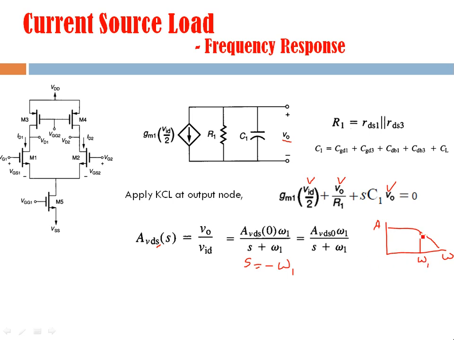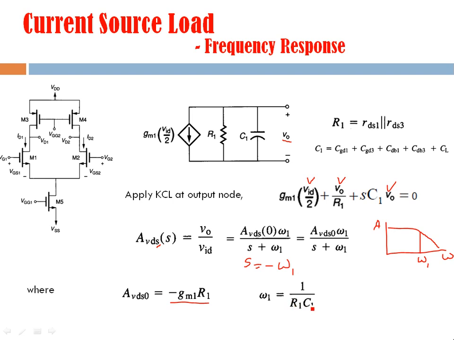So this omega 1 is your cutoff frequency, and beyond that the gain keeps on decreasing, and before this the gain is almost constant like this. So this is your 3 decibel frequency. This omega 1 is given by this formula, and this AVDS, that is the voltage gain, is GM into R1, and this omega 1 is 1 by R1 C1.